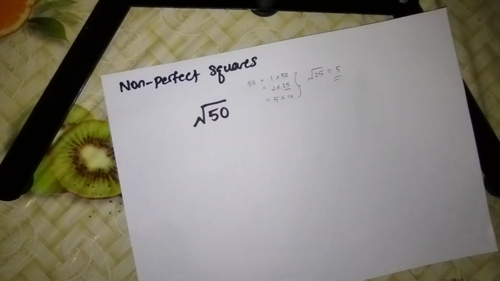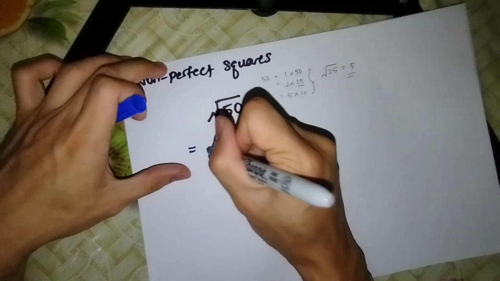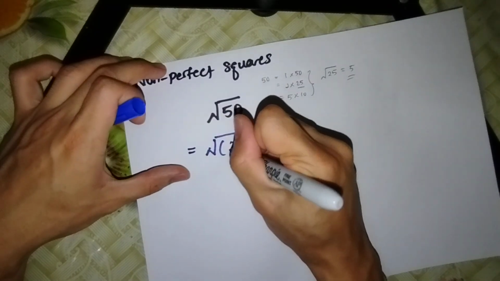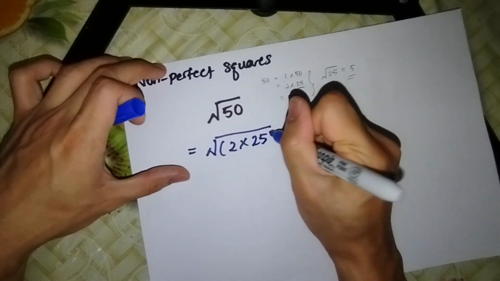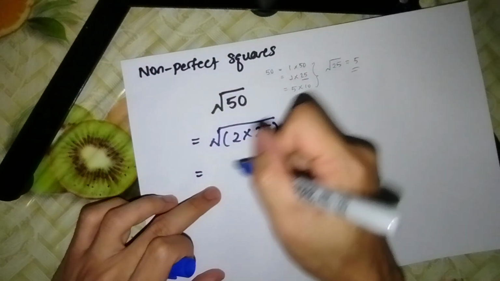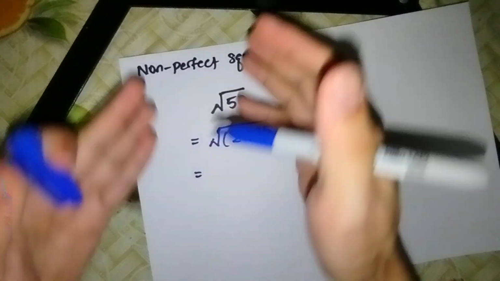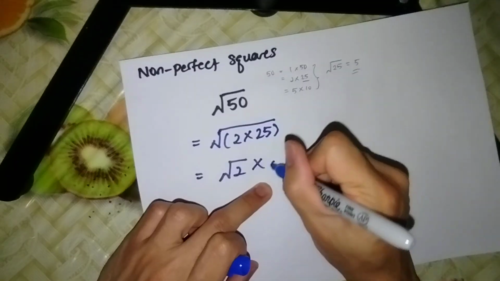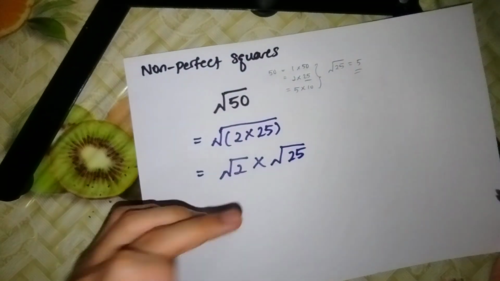So we can express this in this form. How do we do it? The square root of 50 is equal to the square root of 2 times 25. And over here, we can break it down into the square root of 2 times the square root of 25. It has the exact same meaning.